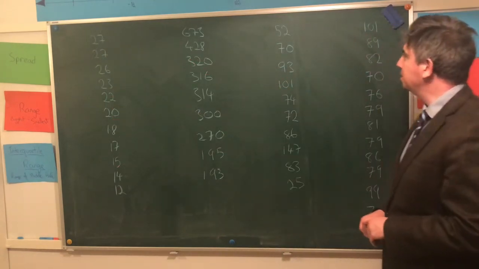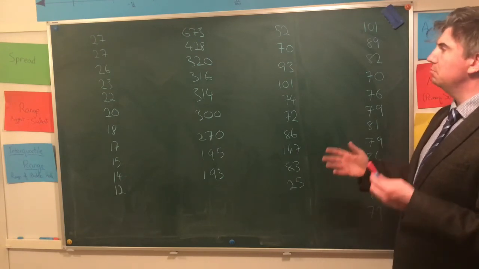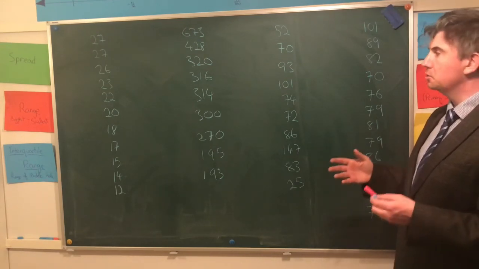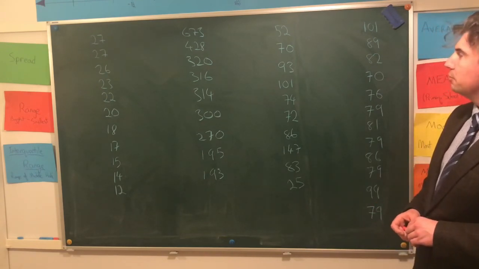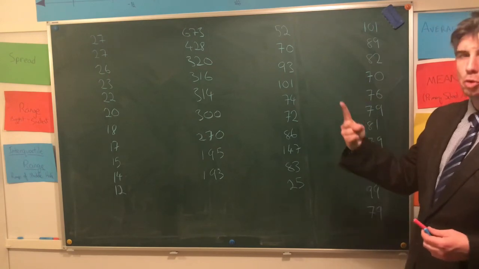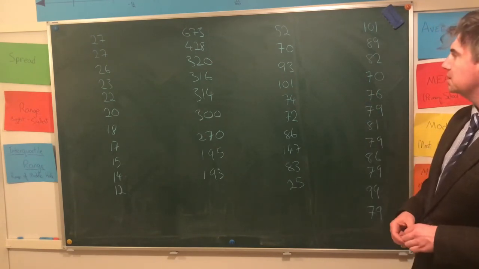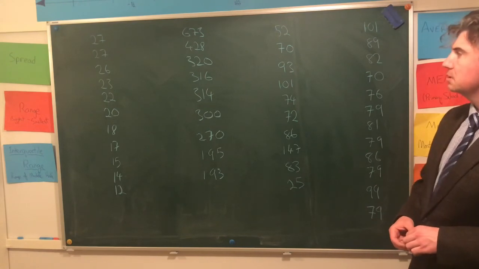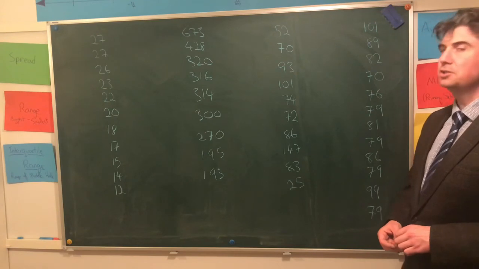Tonight you're going to work out the mean, the mode, the median, the interquartile range, and the range for each of these data sets. For some of them, the mode may not exist, because there may not be one particular value more common than any other.